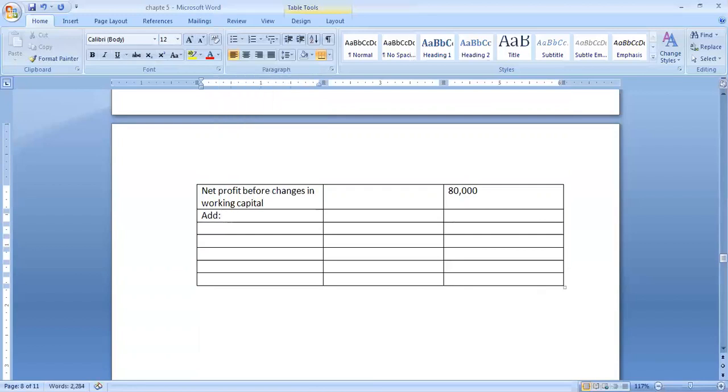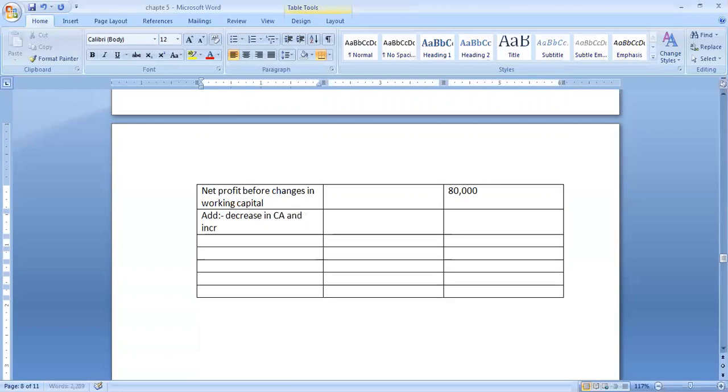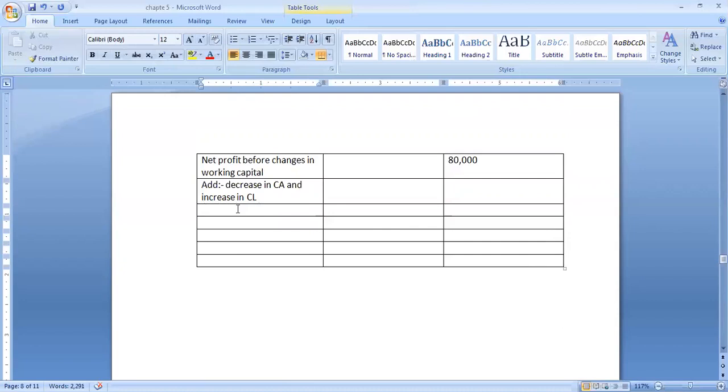Now add decrease in current assets and increase in current liability. So which will be adding decrease in the current assets and increase in the current liability. So here, you might have observed when I was explaining inventory, inventory is decreased.